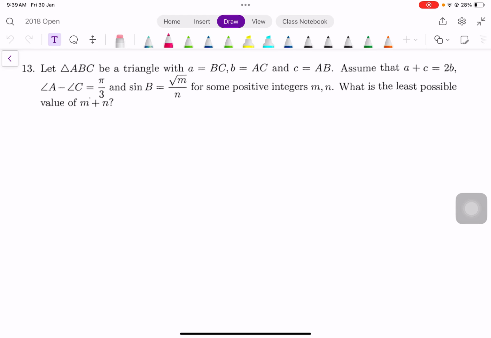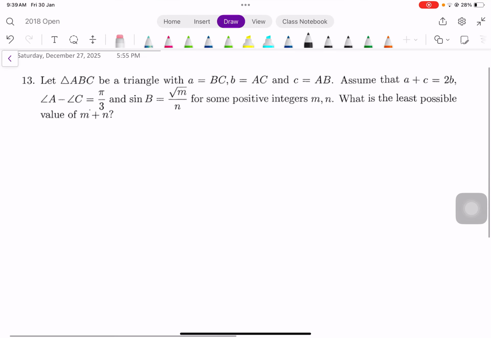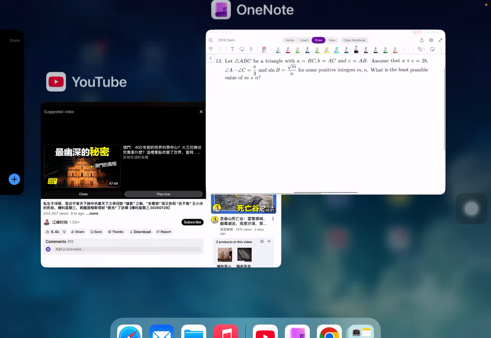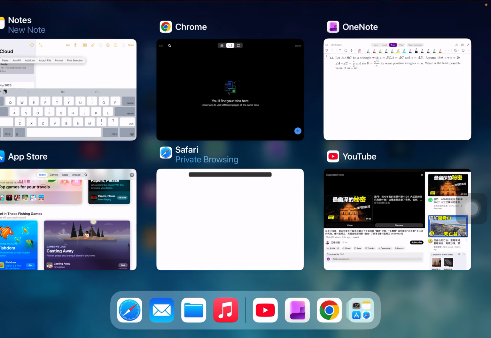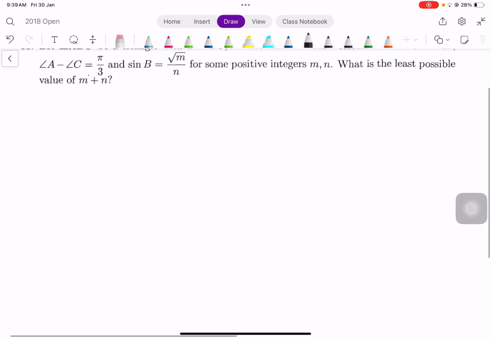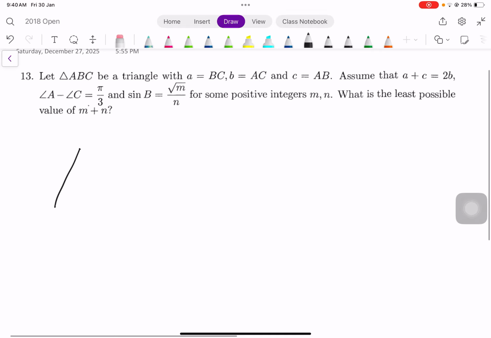Therefore, I think we can first draw a general triangle. This is A, this is B, and this is C. Can you see that BC is a, this is b, and this is c.